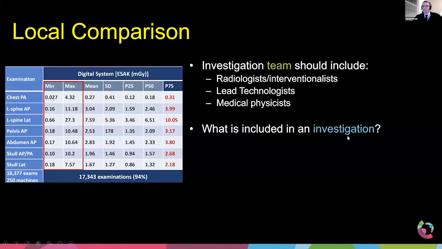What is included in the investigation? First, we're going to ask ourselves, is this protocol appropriate? How is it being ordered? Is it being used properly? So if you're ordering a chest PA, an upright 2-view chest PA, is it being ordered for the proper clinical task?